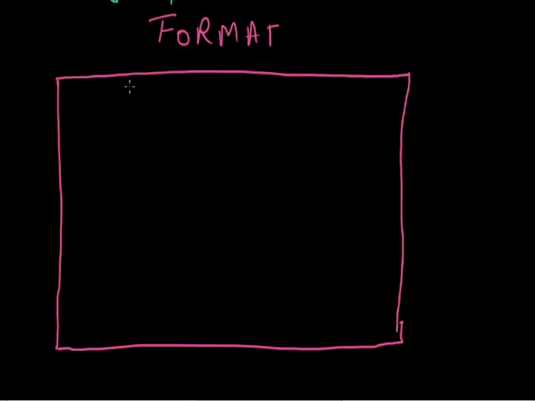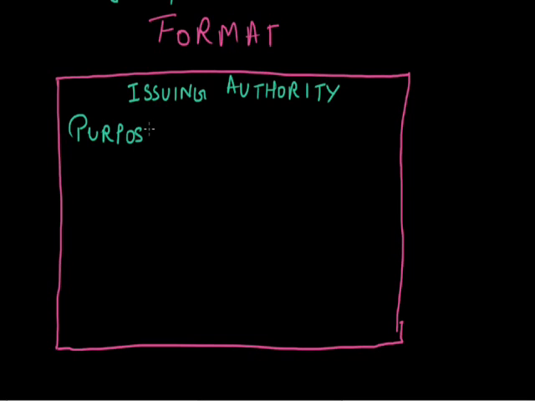When you're making a poster, first you need to mention the issuing authority. Then you need to give the purpose of the poster, that is, it may be a drama, it may be an exhibition, it may be a workshop, etc.